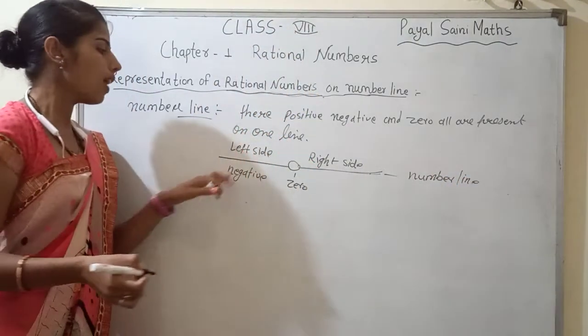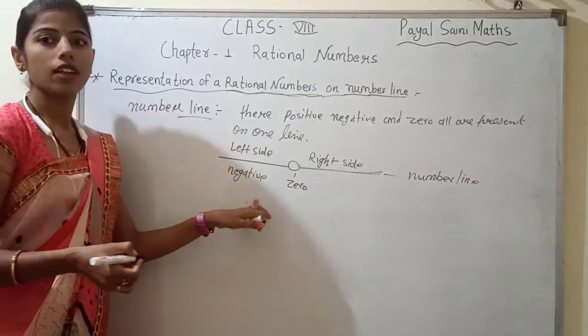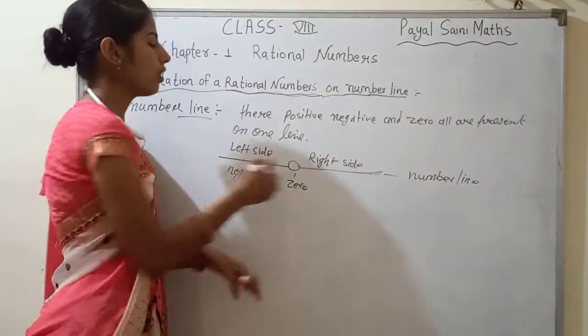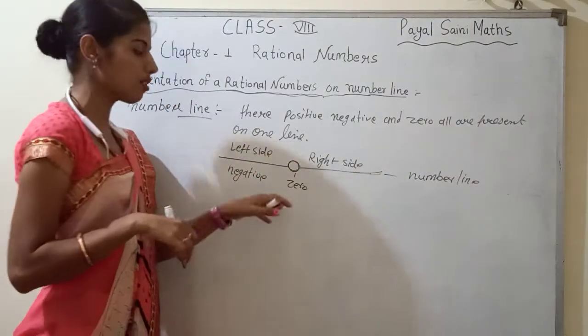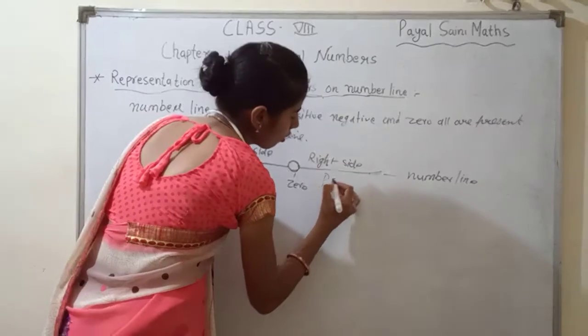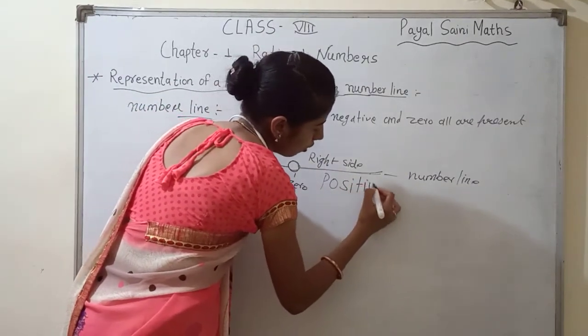On the left side of the number line we represent negatives, in between we make 0, and the right side is positive numbers.